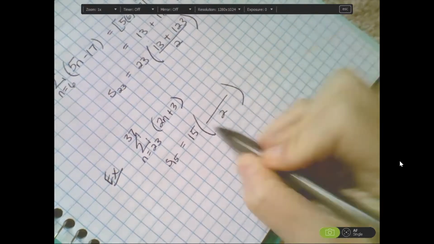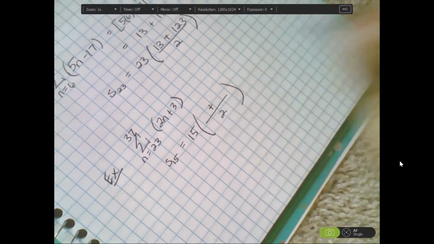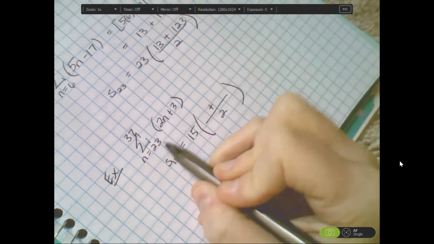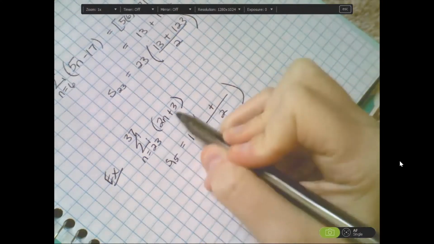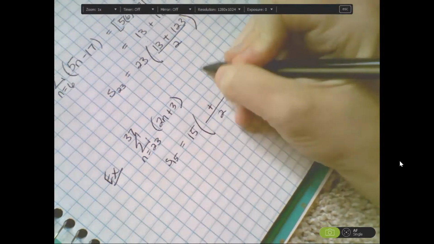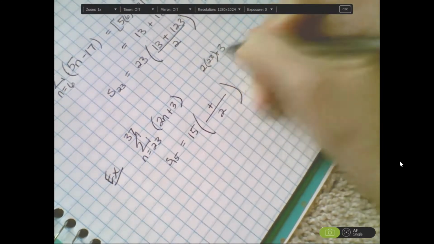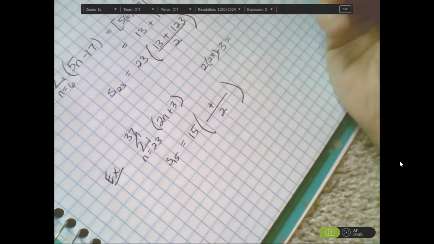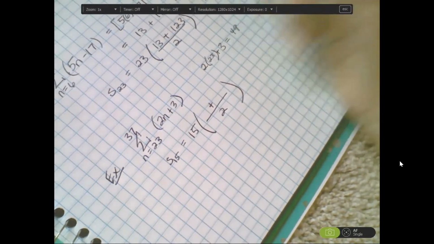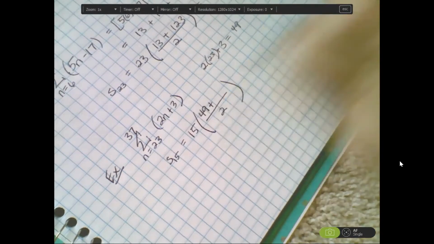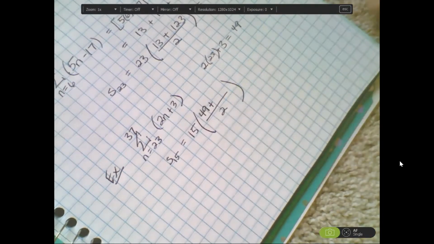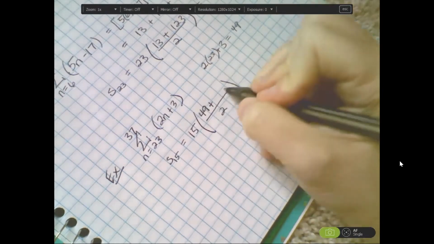I'm going to need to know my first number and my last number. The first number is going to be whatever I get when I plug 23 into this rule. So I plug that in there. That gives me 49. So that's my first term. I need to know what my last number is.